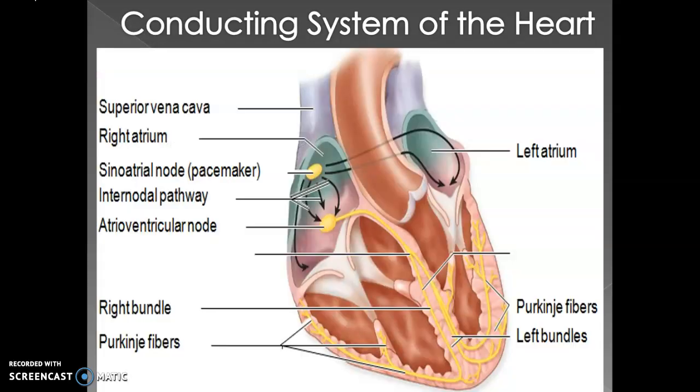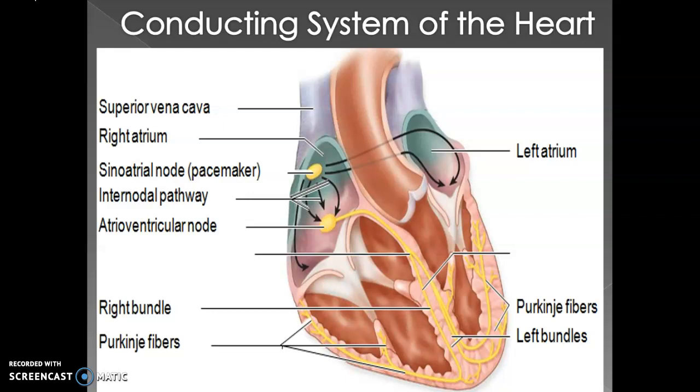Alright, now let's look at this diagram. Here on the superior, in the right atrium, we see the SA node as a yellow blob, right? That's the SA node. The SA node starts firing and the action potential spreads all over the atria as shown by the black arrows.